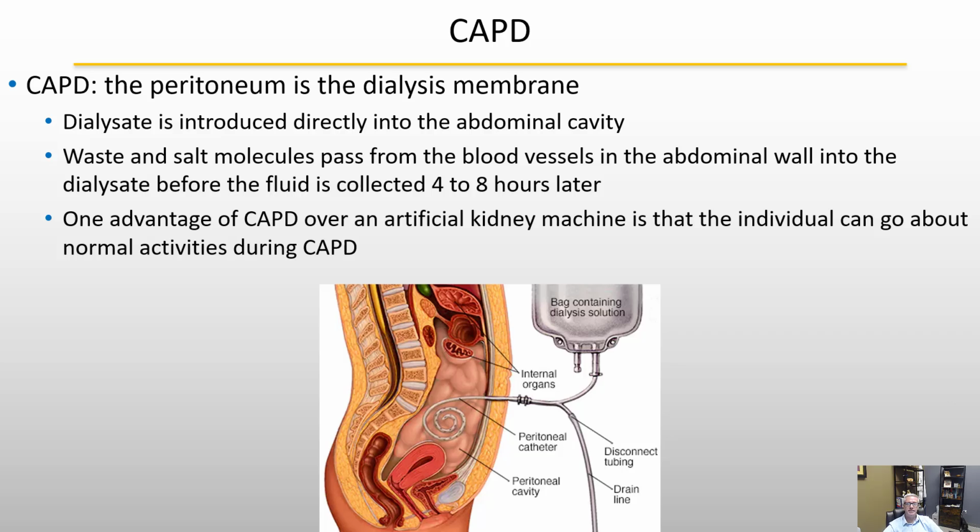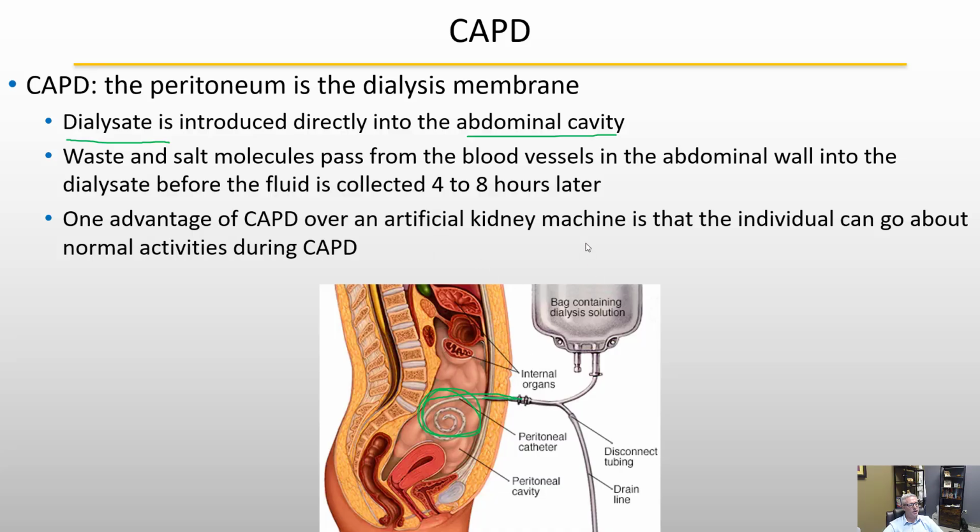Now, with this CAPD, or continuous ambulatory peritoneal dialysis, we're not actually dealing with the blood. What we're doing is we're putting this dialysate into the abdominal cavity. These patients are going to have a catheter that's placed into the abdominal cavity.